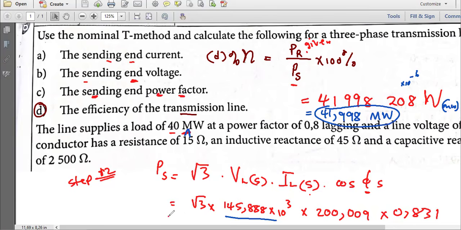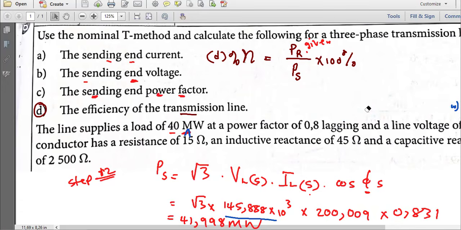Keep the same units when dealing with the division, or you can write it any way that you understand.